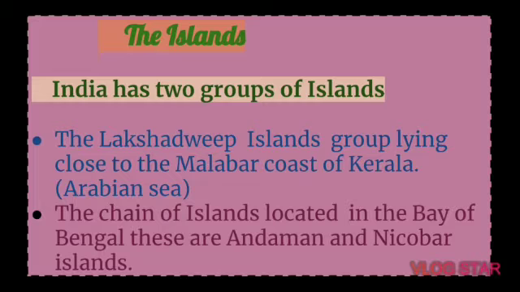In Lakshadweep Islands we will get corals, different types of coral, and because of this reason Lakshadweep Islands are called coral islands. In Andaman and Nicobar Islands we can find evergreen forest because of the climatic condition, high rainfall, and different types of animals and birds also.